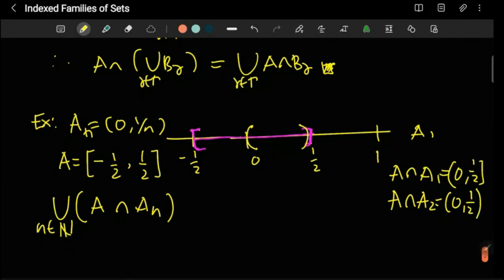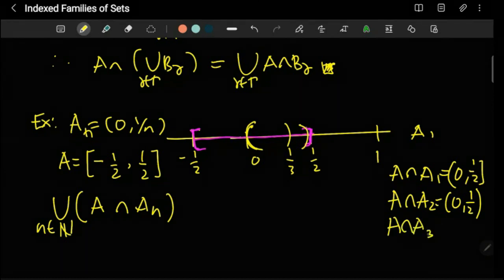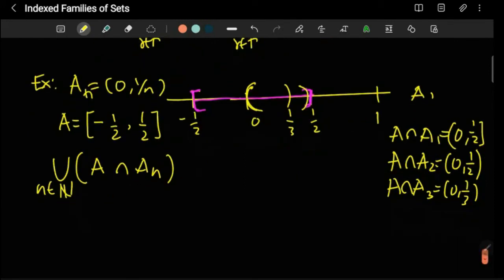Okay. Now, how about A3? A3 is 0 to 1/3. So, what's the intersection of A and 0 to 1/3? Of course, that's 0 to 1/3. And so on. So, you're getting all those intersections and then you get the union of all those intersections.